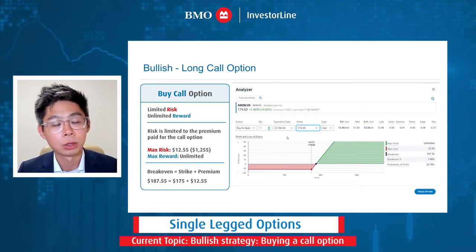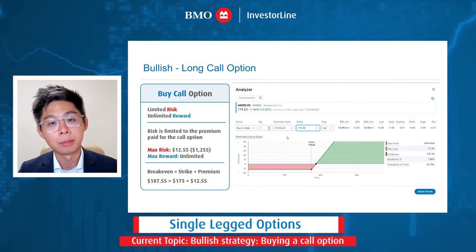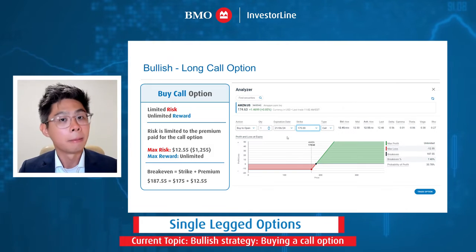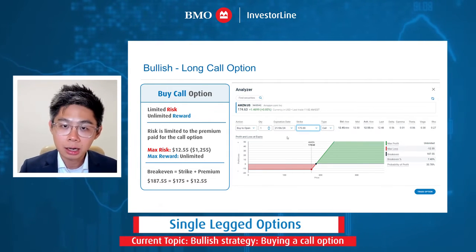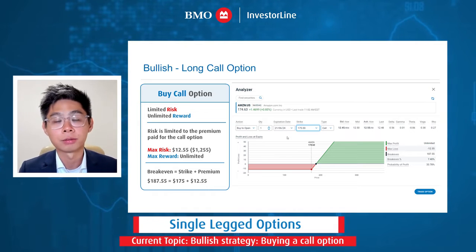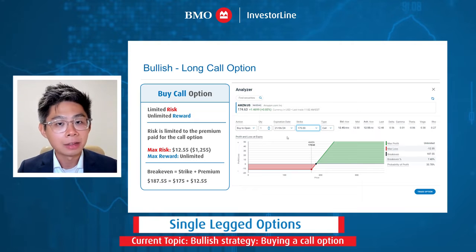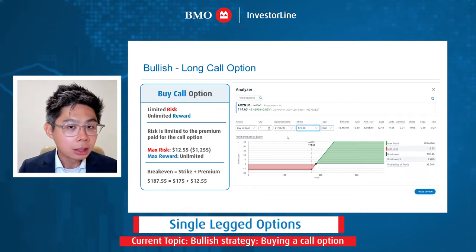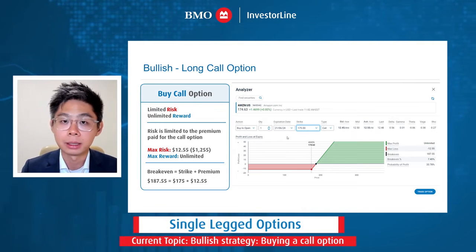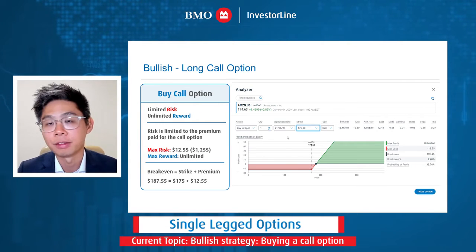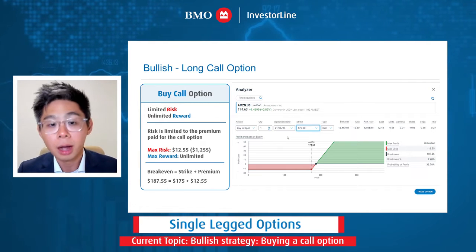And what you get with a call option is the same risk profile to the upside, but if the stock was to decline, as a stock investor, you would also have dollar for dollar exposure to the downside. But in a call option, what you have is limited risk. And the risk is completely limited to how much you pay for that call option, which in this particular case is $12.55 per share, or $1,255 per contract.